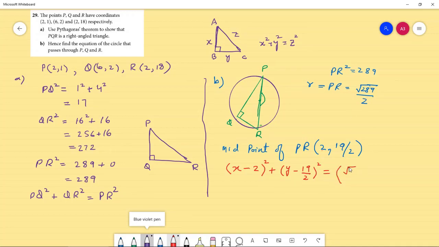Take care of r carefully, because the square root of 289 is divided by 2. When you take the square, this becomes 289 by 4. So the equation is x minus 2 whole square plus y minus 19 by 2 whole square equals 289 by 4. So this is all about the circle.